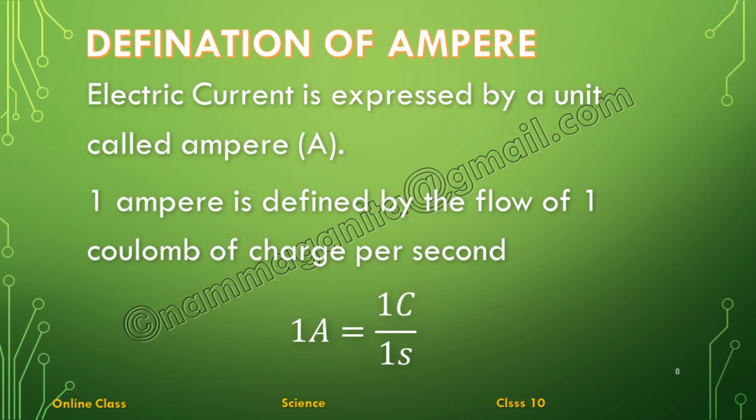That is, 1 ampere is equal to 1 coulomb divided by 1 second.